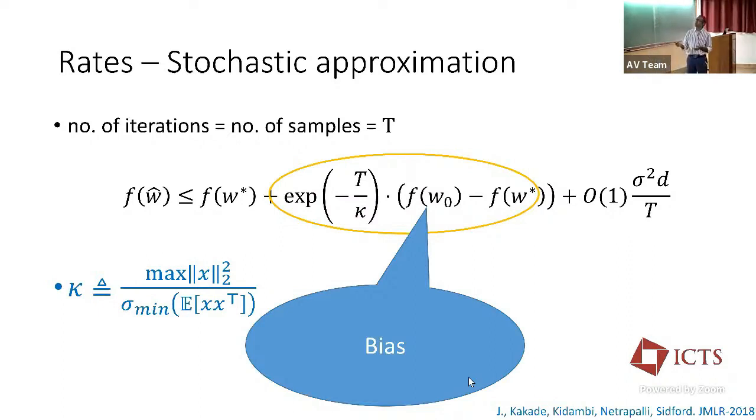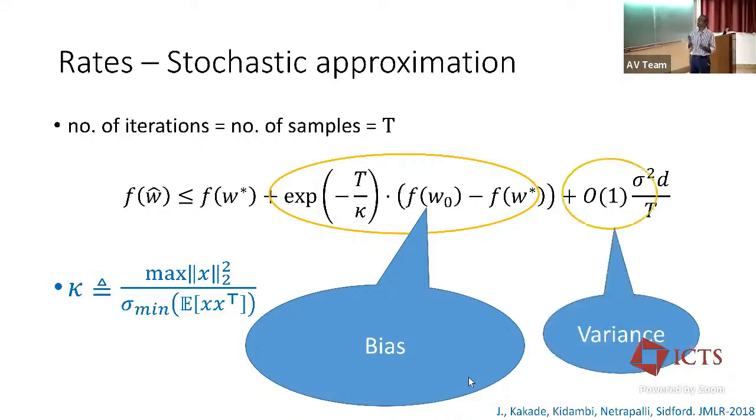And what this analysis says is that the bias term is decreasing exponentially fast in T, that is, in the number of points. In particular, this kappa is a sort of condition number factor. So as soon as you've seen more than kappa points, your error decreases very rapidly, and it's almost minuscule.